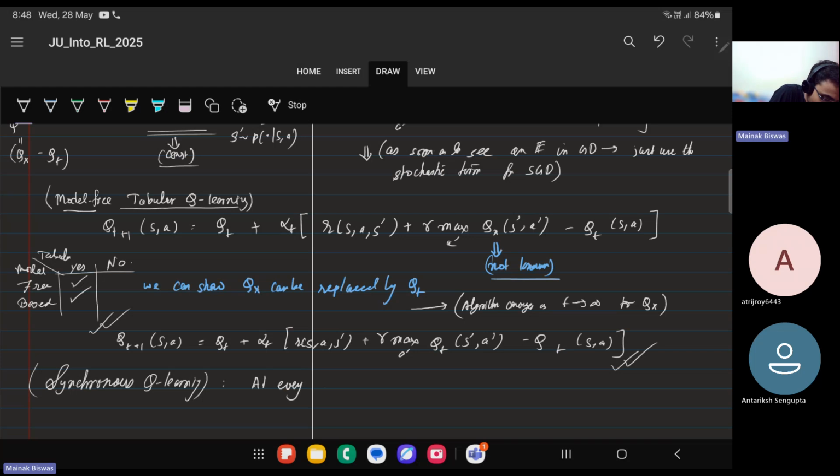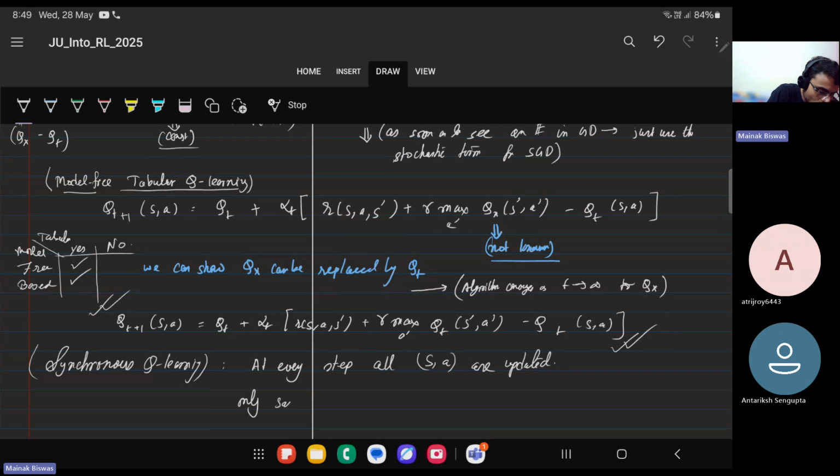At every step, all states s comma a are updated. Only s dash is sampled based on this distribution for all s comma a.